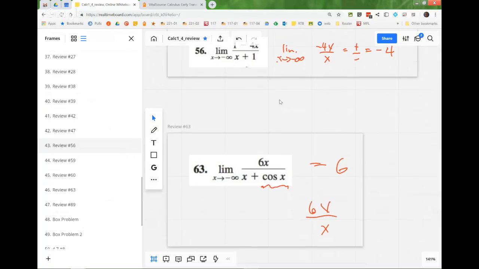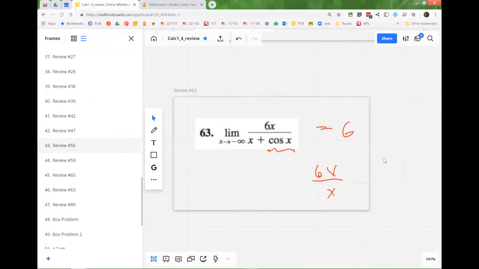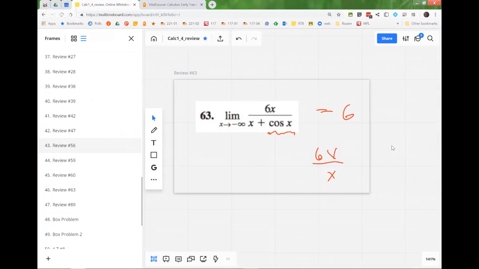Another example is 63. Okay, 63. The limit, here we have another one, as x approaches negative infinity. I want to talk to you about that cosine x on the bottom. So as x gets negatively huge, what will happen to the cosine?